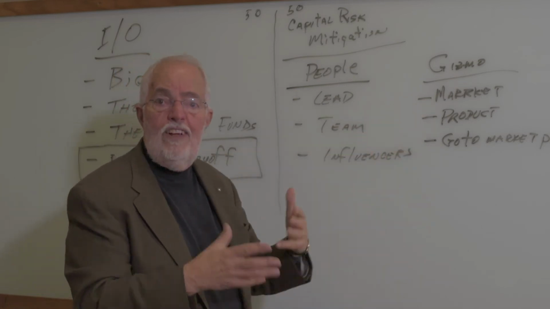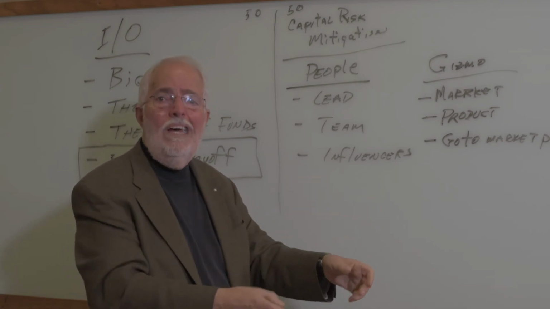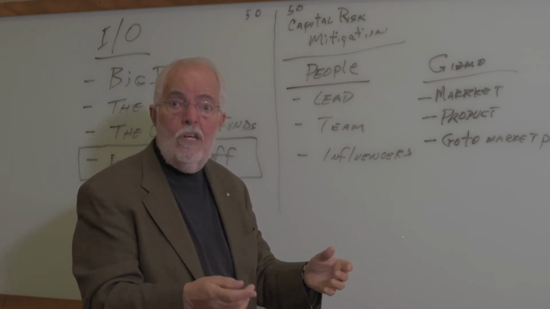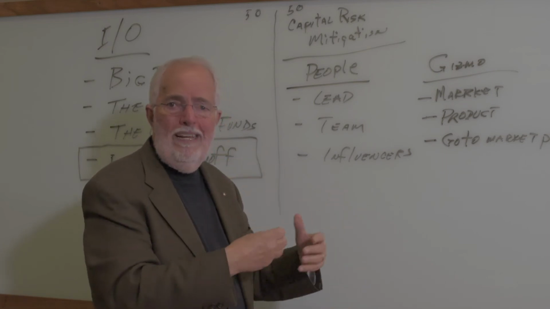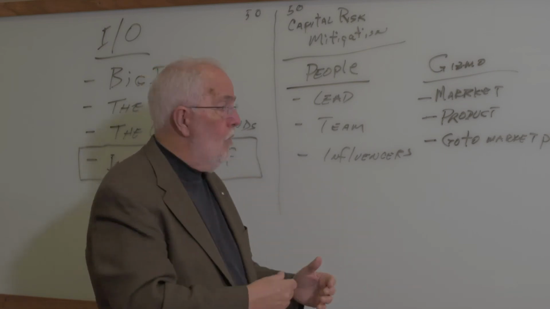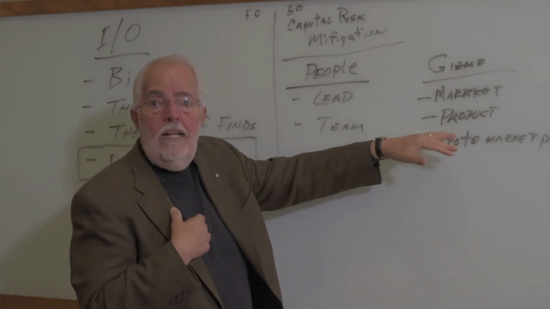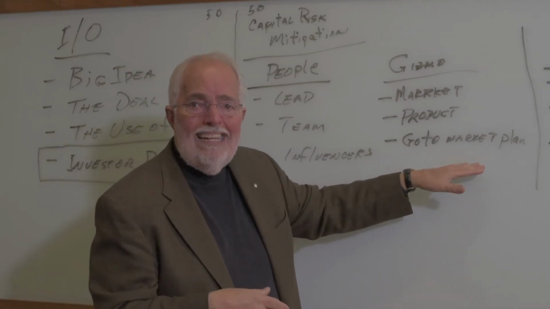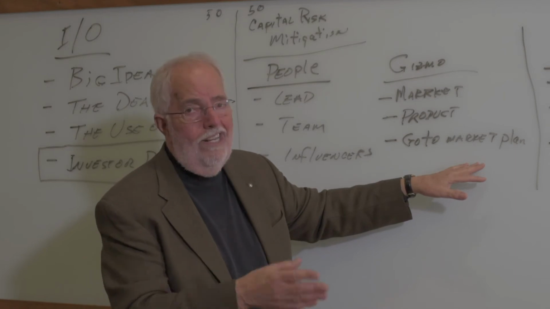Does the product fit the big idea theme well enough to generate the revenue that's going to generate rapid adoption, rapid purchases, so that I can get explosive growth that will make it possible for me to get explosive valuation growth, which is what I really care about. So to get this to generate revenue means I have to take it to market. So what is my plan to take it to market? And this gets very rich: pricing, competition, and on and on and on.